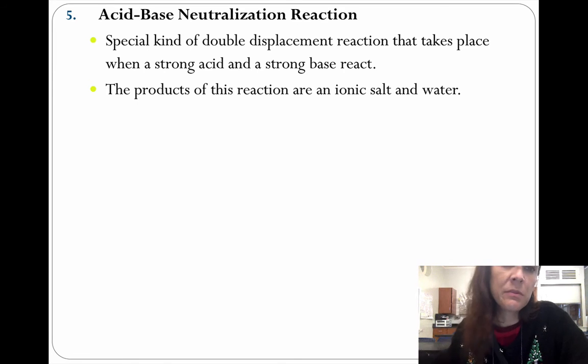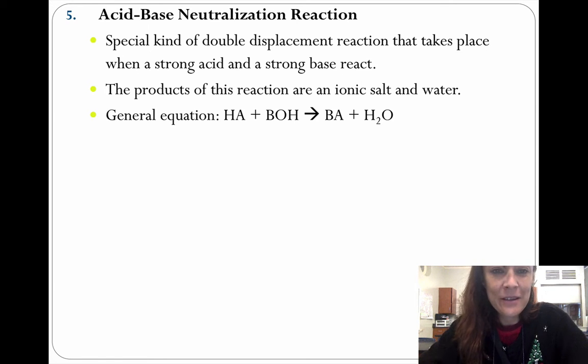General equation, HA, the H to tell you that it's an acid, right? Plus BOH, the hydroxide, to remind you that it's a base. And they're going to switch, and that's how you end up getting water as always a product, okay? So always a product.